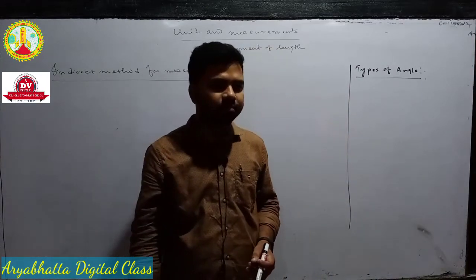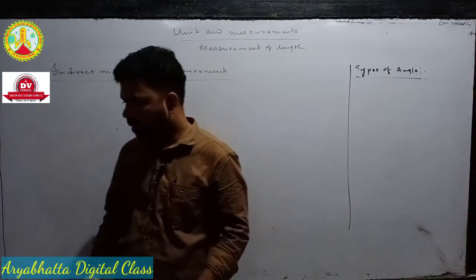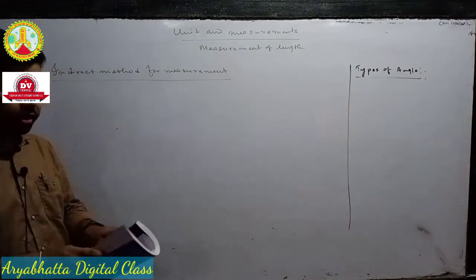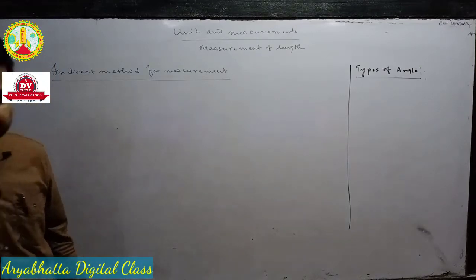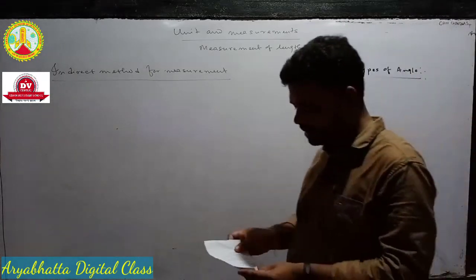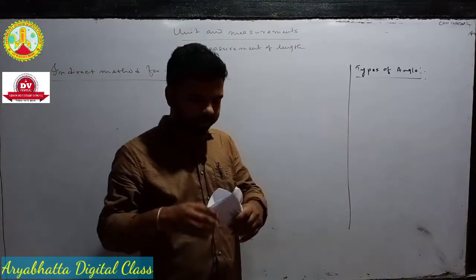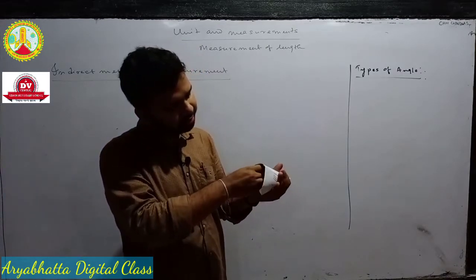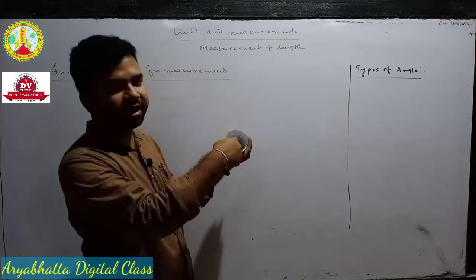For example, suppose, look at this one here. If we make a cone shape structure like this, can you see here the three dimensional angle?